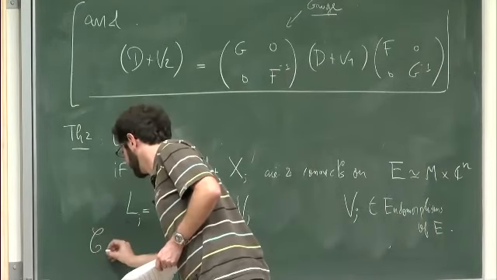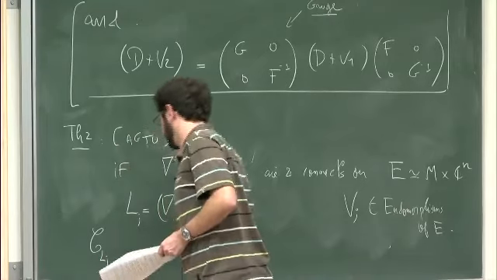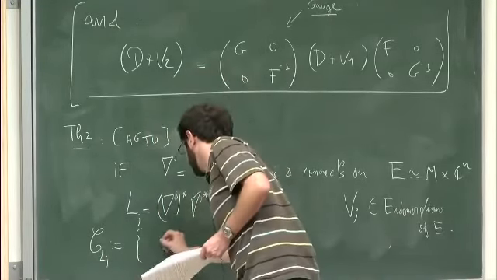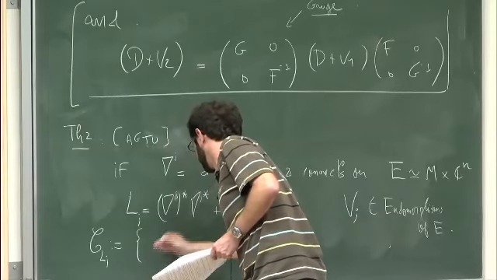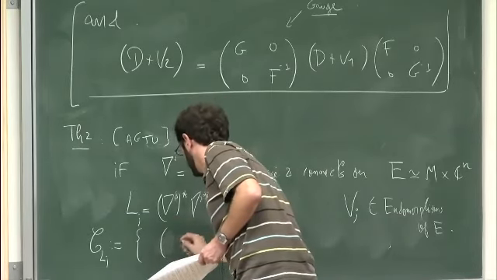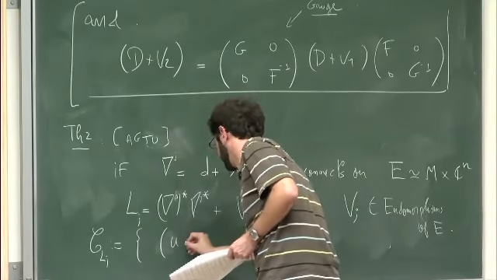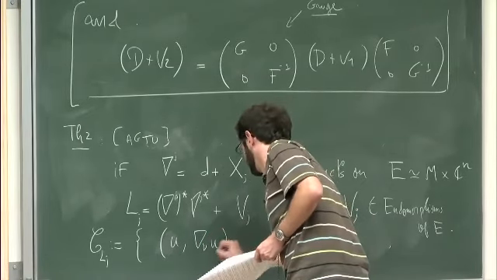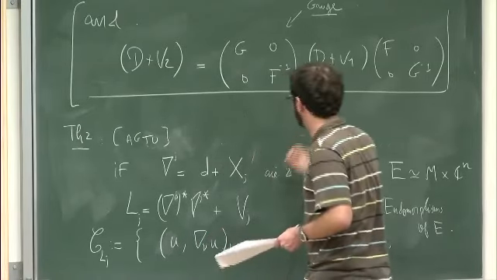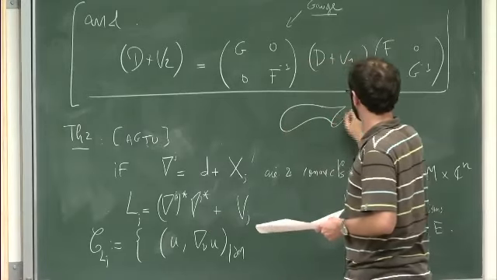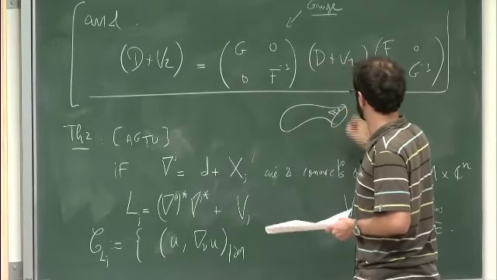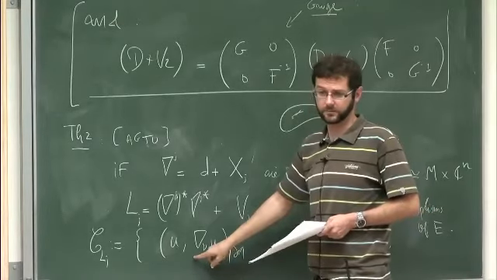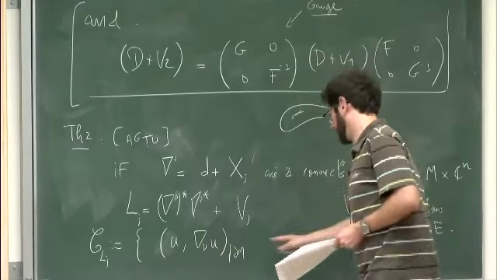The associated Cauchy data is defined a bit like before. So these are the restriction of this thing to the boundary. So nu is the normal to the boundary. Normal derivative. So it's just the derivative for the connection, but normal.